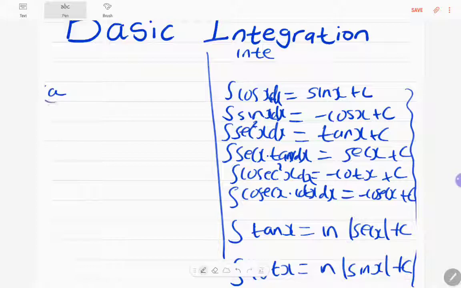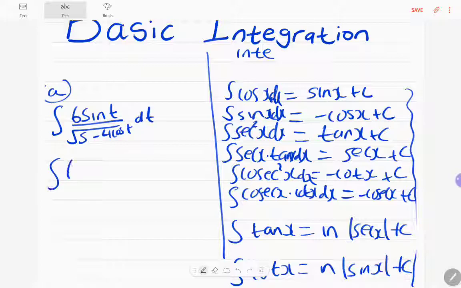Number 1. Integral of 6 sine t divided by root 5 minus 4 cos t dt. It will be 6 sine t multiplied by 5 minus 4 cos t to the power minus 1 over 2 dt.